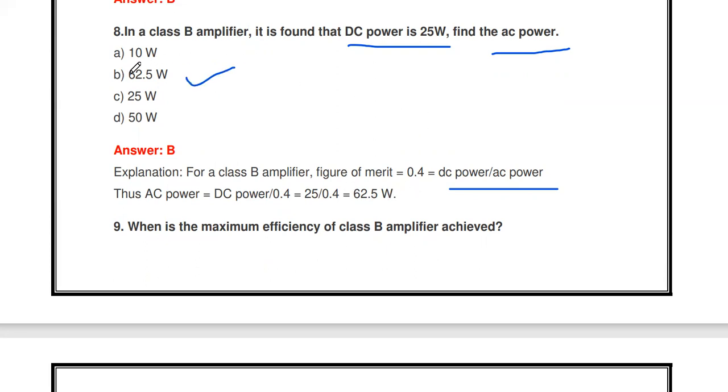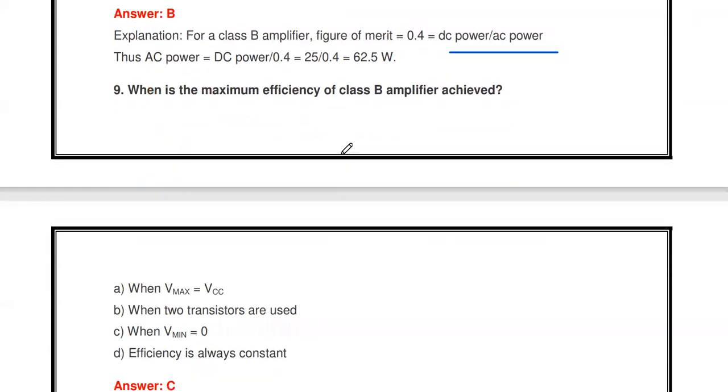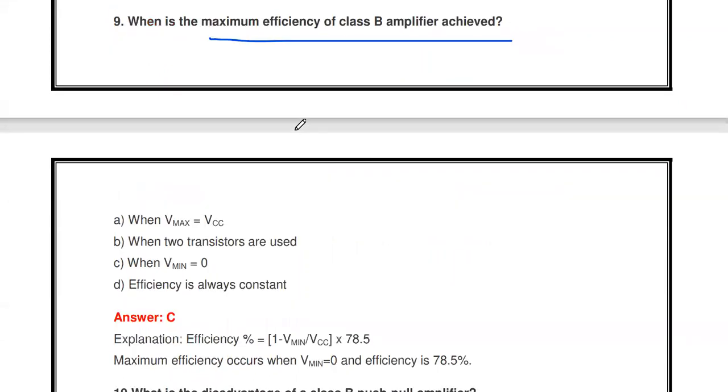So this is the answer. Okay. Then the next question, when is the maximum efficiency of class B amplifier achieved? So in which condition we will get the maximum efficiency in class B? When Vmax equal to Vcc, when two transistors are used, when Vmin equal to 0, efficiency is always constant. Okay.